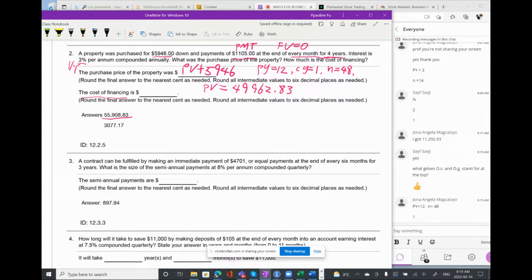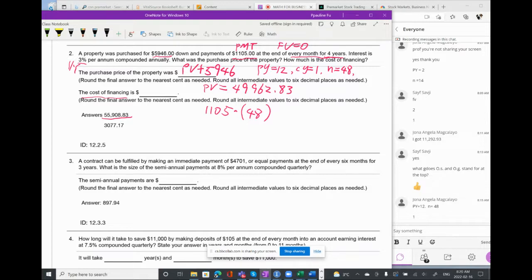So think about this. Each month you make this payment. Every month you make $1,105 times the total months, 48. This is the total payment you make.